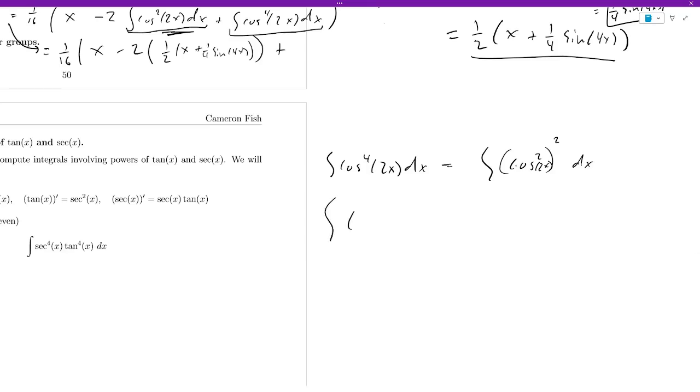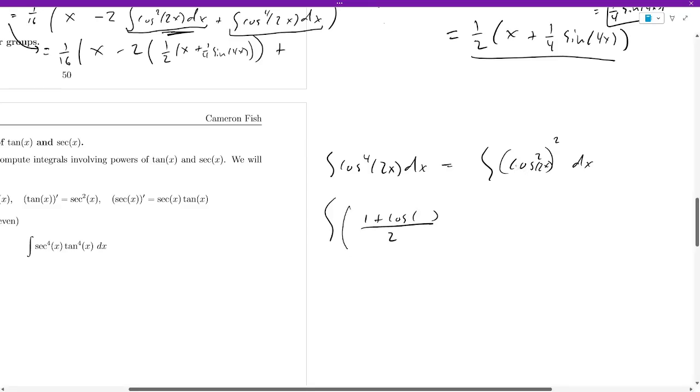Cosine squared becomes 1 plus cosine over 2. And remember that I had a 2x already, so when I double my angle, I'm going to go to 4x here. Same logic as we did earlier. Cool, so that's cosine squared. I have that whole thing squared.